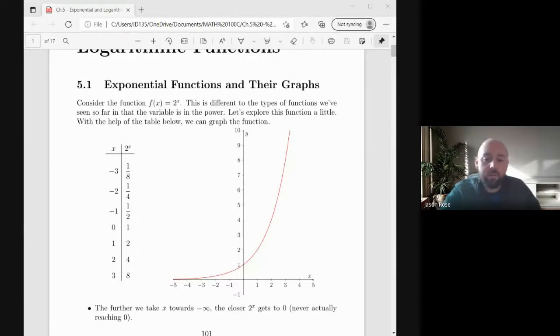Ungraded? No, they're definitely graded. Yeah, I'll try and find out what's going wrong with that. I don't know what it is.